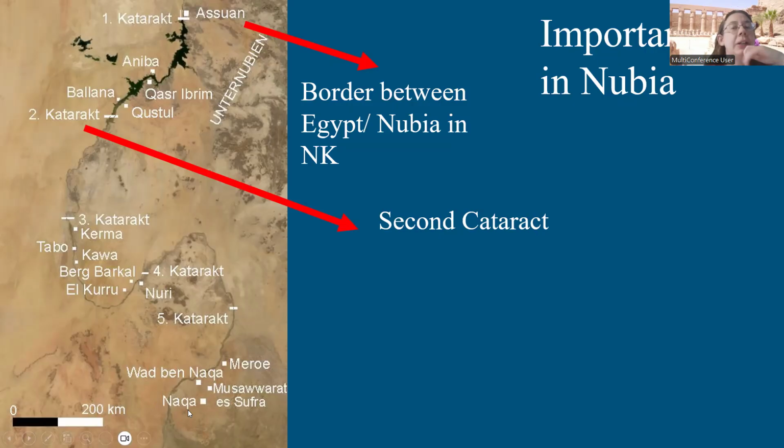And within that Nubian area, there are 6 major cataracts.